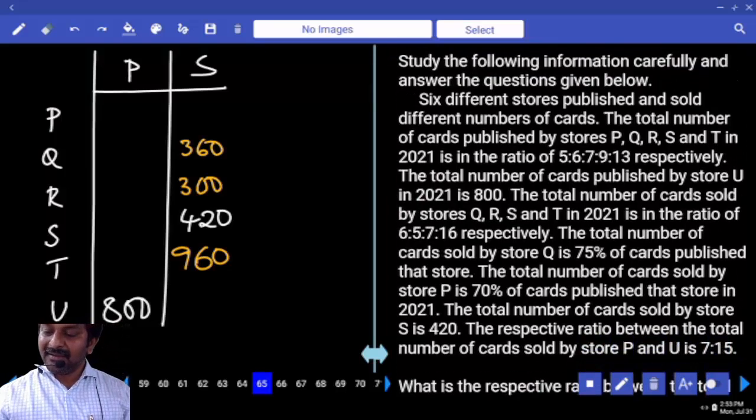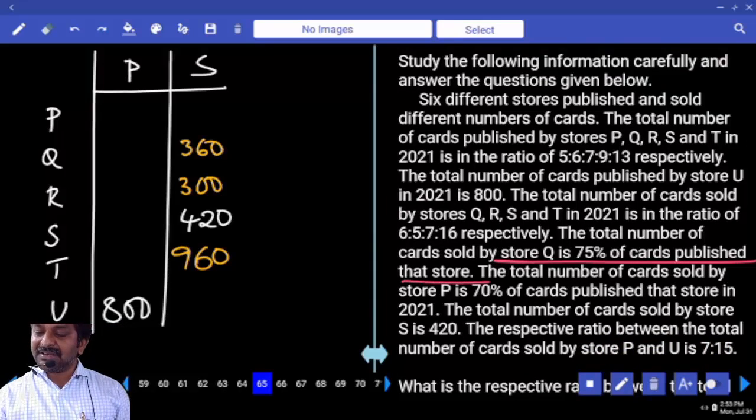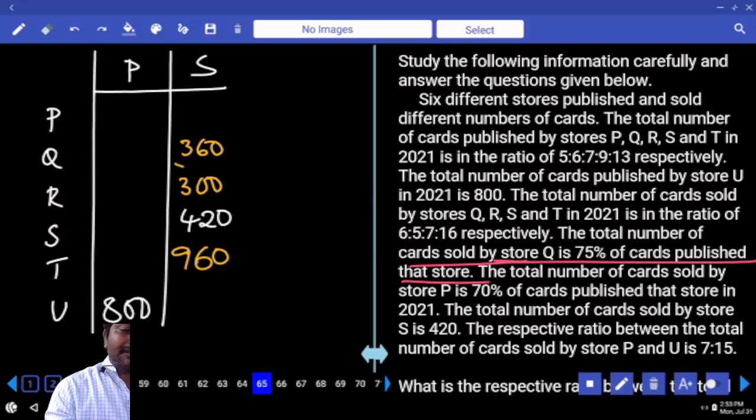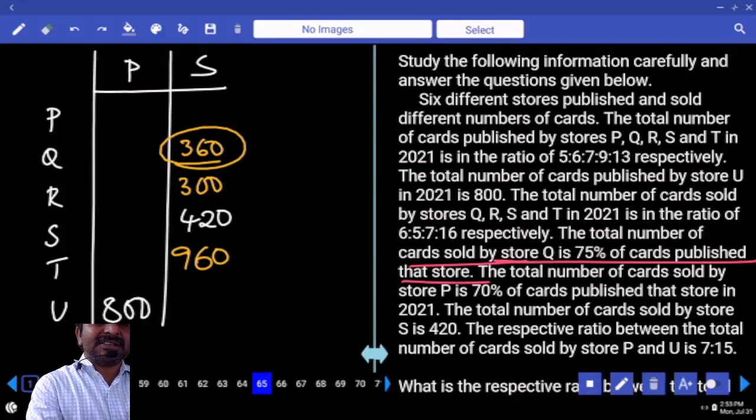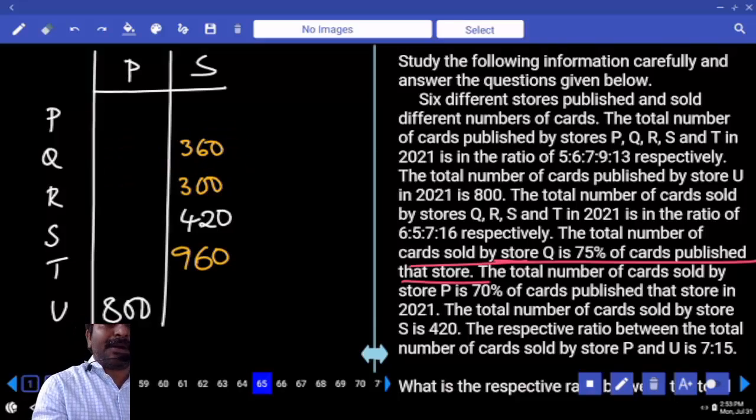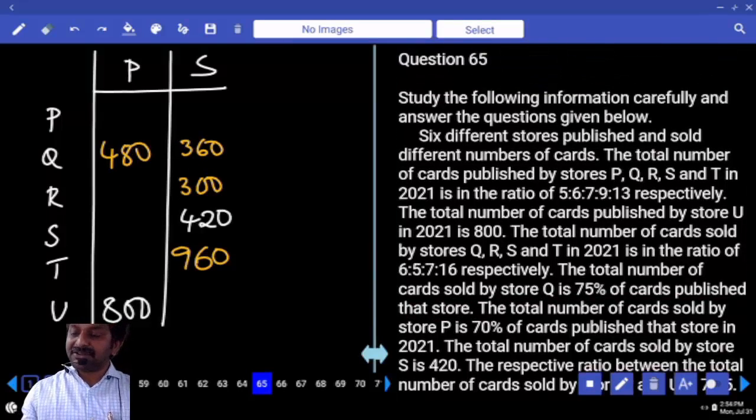The Q relation is there. They said 75% of the cards were sold. That means this is 75%, published are 100%. Ratio 4:3. 3 parts is 360, 4 parts is 480. Now go to the published ratio.